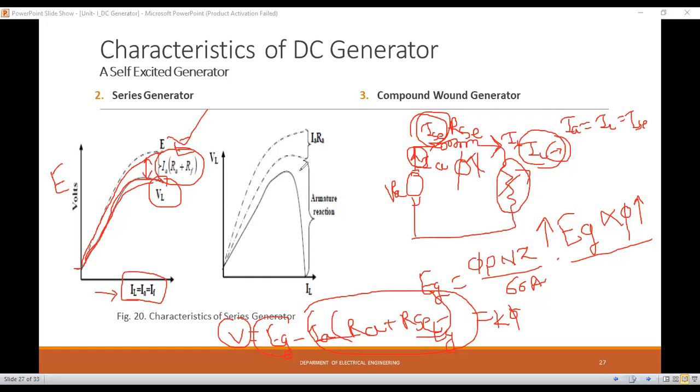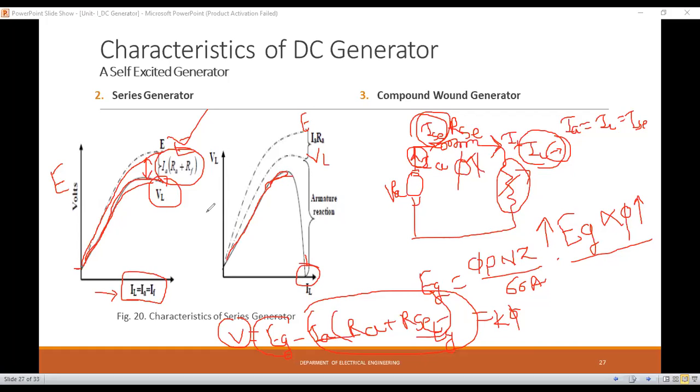When the armature reaction is taken into account at the maximum value of load current IL, this curve drops further, below the induced voltage E, so the terminal voltage VL curve is even lower.